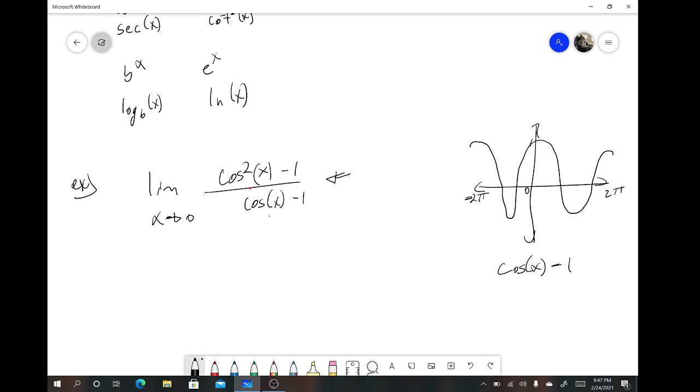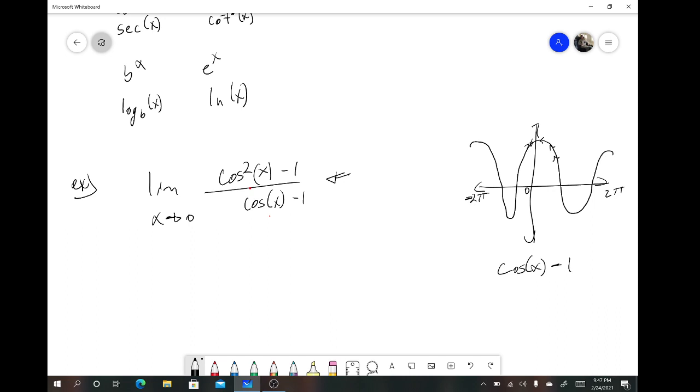However, if we look at the numerator as x approaches 0, it is always positive. So all of these values are always positive as we approach 0, so they're actually not 0 themselves. And cosine of x by itself is also not 0. Cosine of x is just 1.